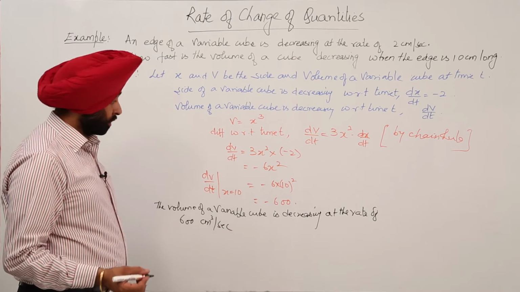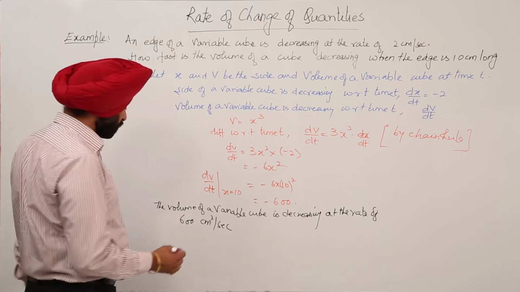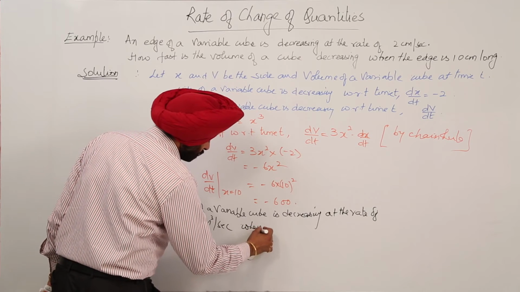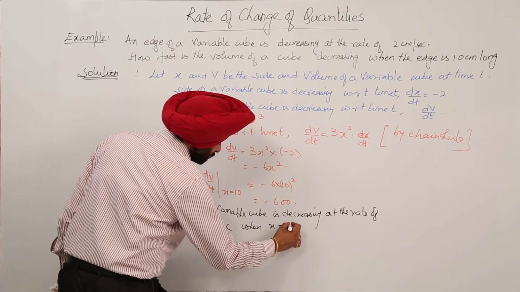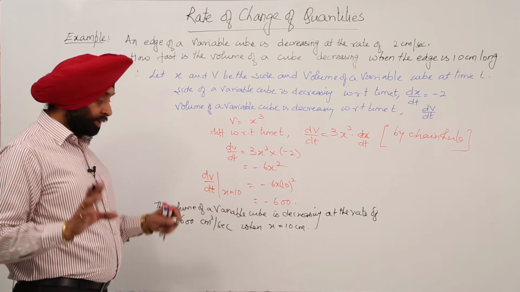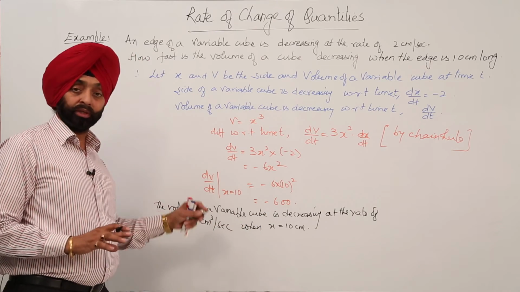Okay, units. Now the volume of a variable cube is decreasing at the rate of 600 centimeter cube per second when x is equal to 10 centimeter. Okay, so here as already mentioned, I have not used the negative part. This negative only shows you the decreasing part.